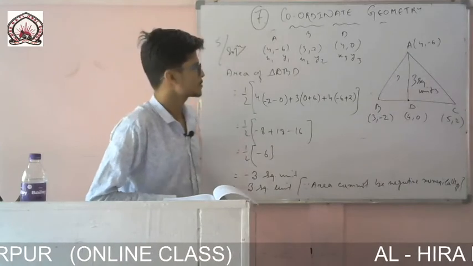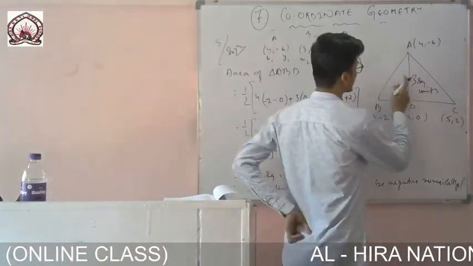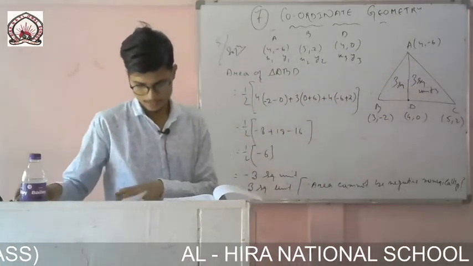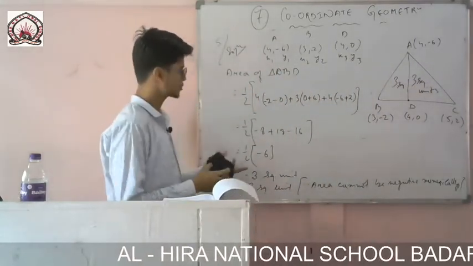Now you see, for both it came 3, so now I can say that the area of this triangle is equal to the area of that triangle.